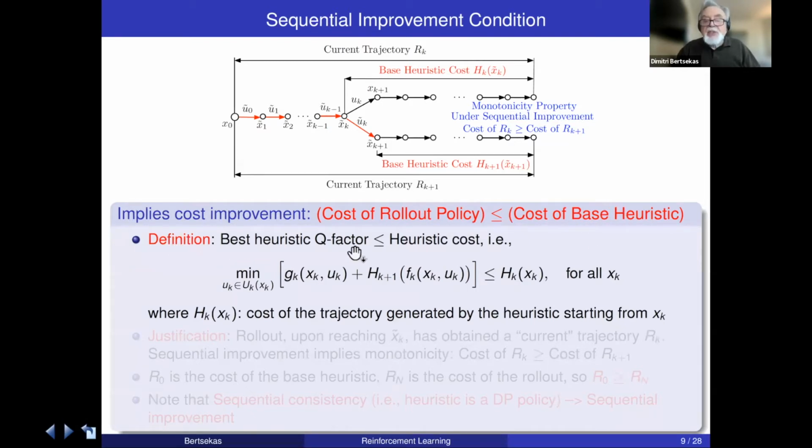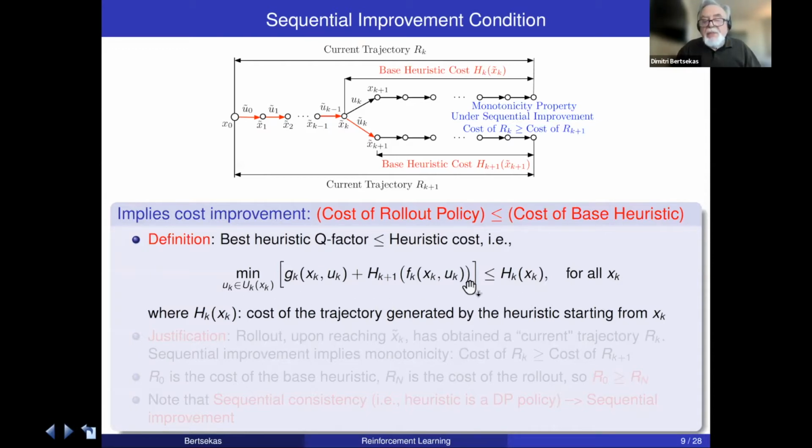It requires that the best heuristic Q factor is less than the heuristic cost for every state xk. Now the notation used here is hk of xk is the cost of the trajectory generated by the heuristic starting from xk. So you run the heuristic from xk, it gives a certain trajectory. The cost of that trajectory we denote by hk of xk.